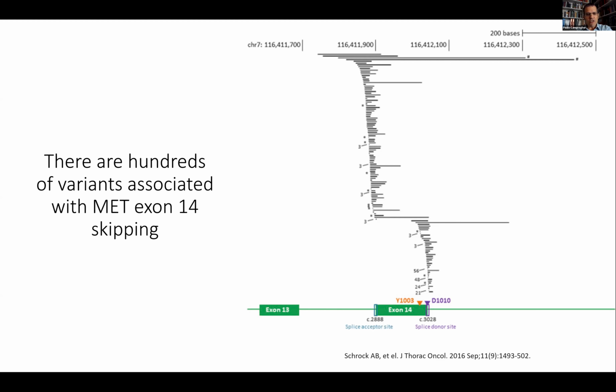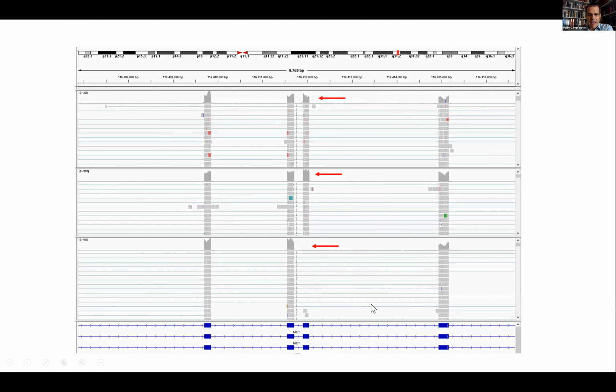So it's a little tricky to interpret this finding when you find it on a DNA base, but our RNA pipeline called the fusion, the MET exon 14 skipping. And when we look at the IGV, it's very easy to spot the event, right? So these are 2 control cases. So this is exon 13, exon 14, and exon 15. We see no coverage for exon 14, and pretty much all sequences here are from exon 13 to exon 15.